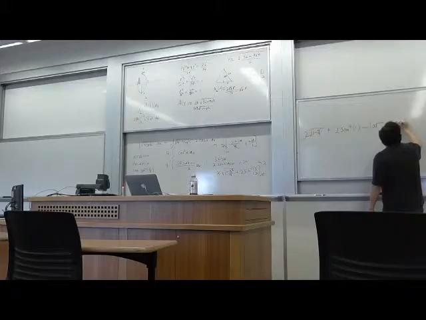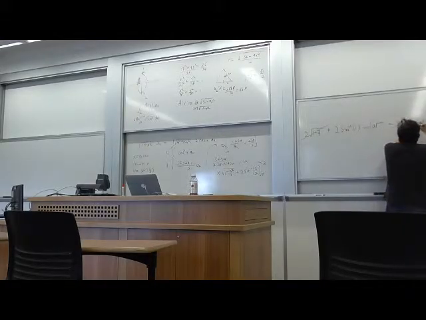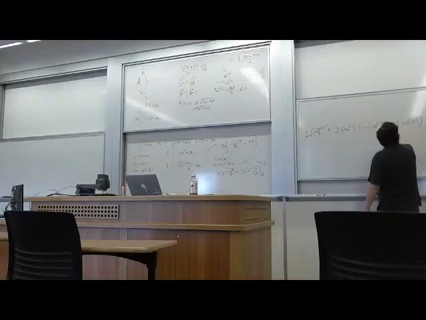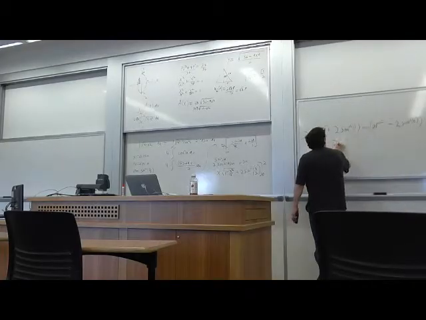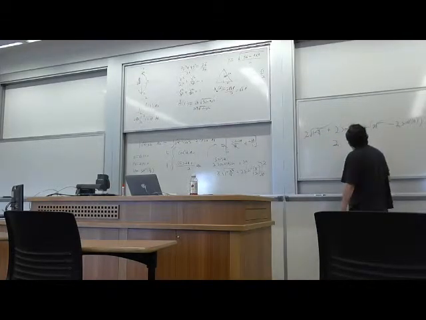Minus 2 sine inverse of 0. So that's 0. And that's 2 times the inverse sine of 1, which is pi over 2. Just pi.